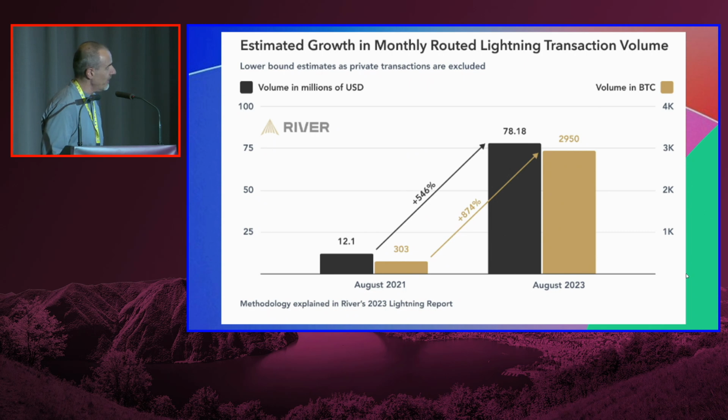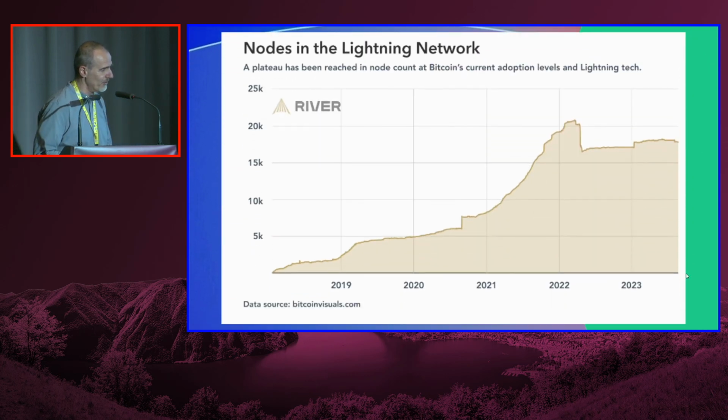Here we can see the growth of the volume on the Lightning Network from 2021 to 2023 in this report by River Financial. Here we can see the huge growth of the volume of transactions in the network. This is very nice.